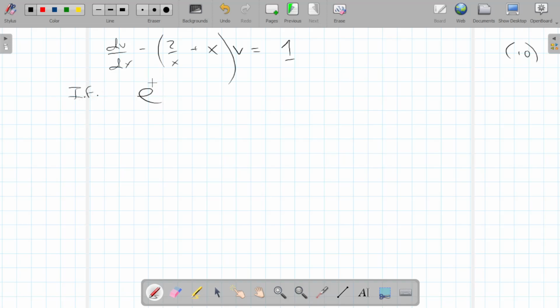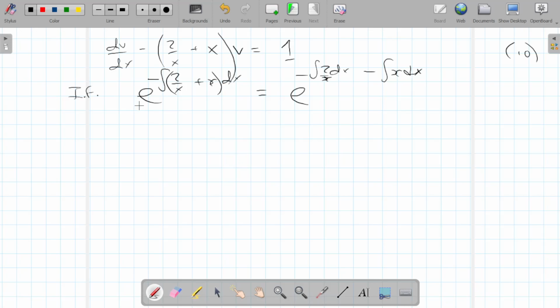we find an integrating factor of the form e to the power of minus the integral of 2 over x plus x in brackets dx. And this might look complicated to solve, but all we actually have here is e to the power of the negative integral of 2 over x dx, plus, actually it's a minus, the integral of x dx.